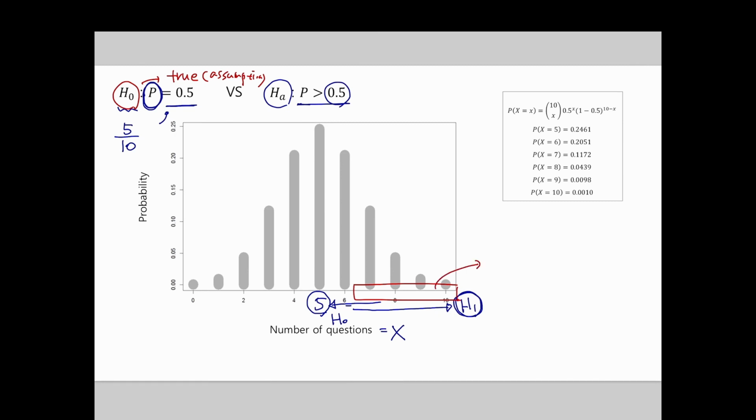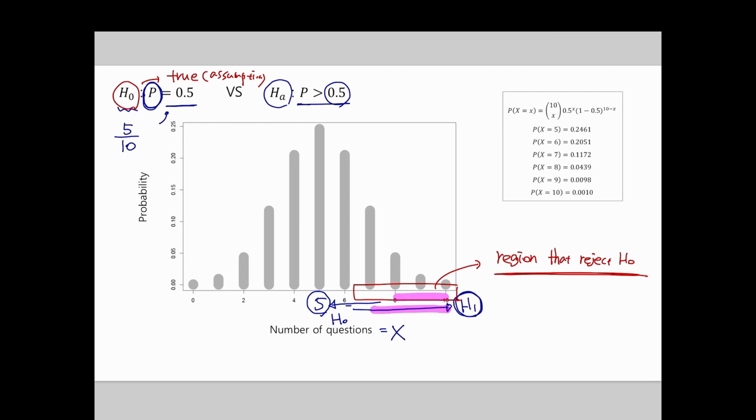This part is the region that rejects H0. Okay, so how is the region that rejects H0 determined? Is it here or here?